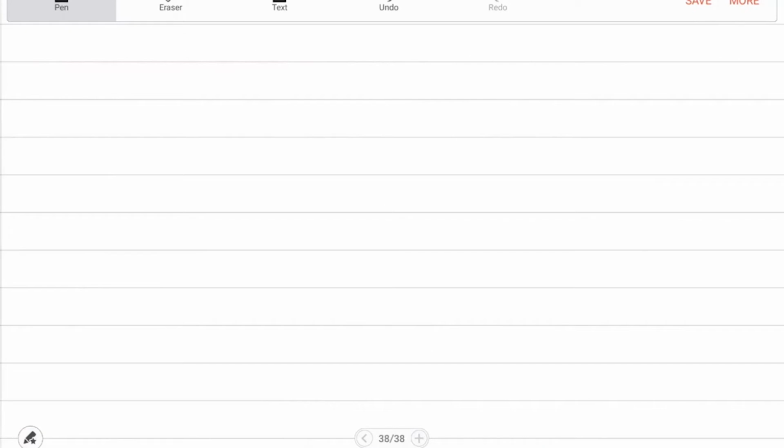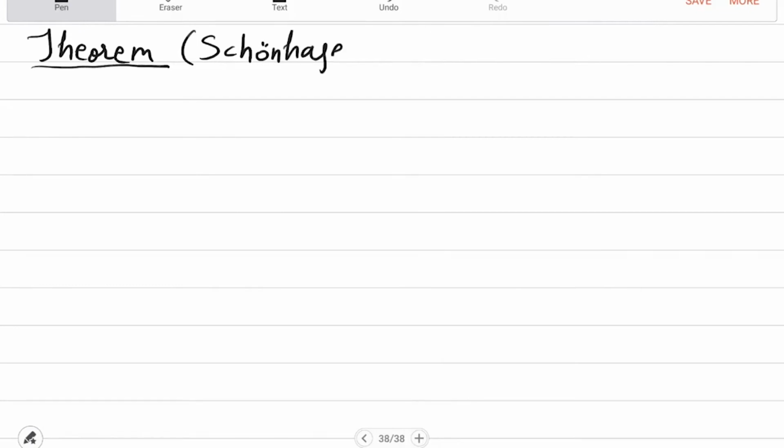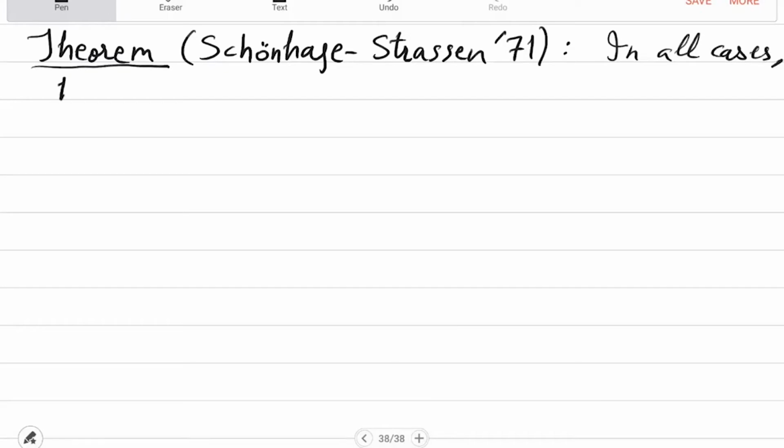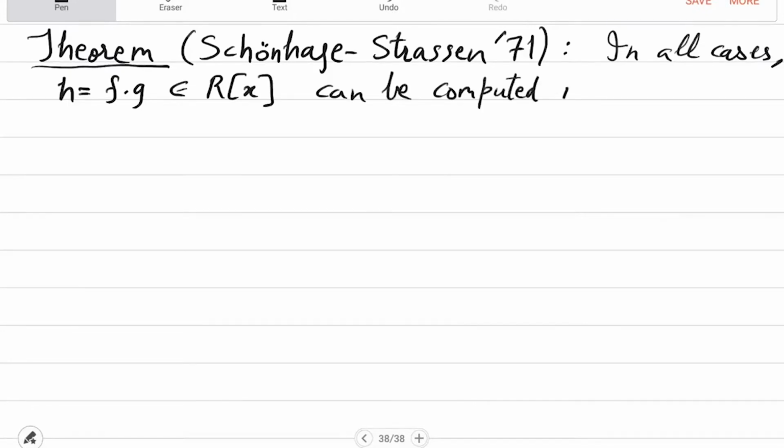So this finishes our major theorem that Schonhage and Strassen showed in 1971, that in all cases H equal to F times G in the ring R[x], polynomial ring over R, can be computed in order L times log L times log log L R operations.